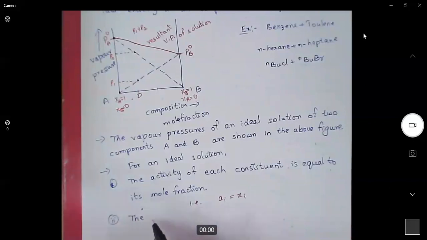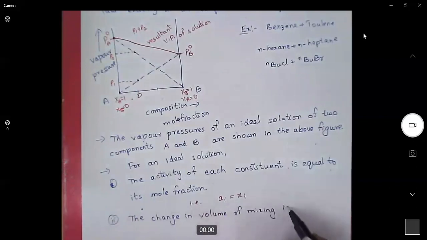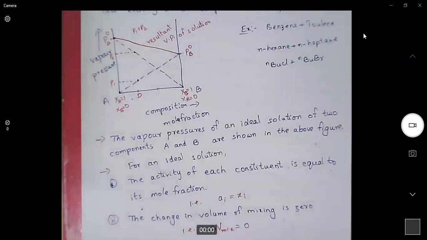The change in volume of mixing is 0. That means if we add compound A in 50 ml and compound B in 50 ml, then the total volume will be 50 plus 50, 100 ml.